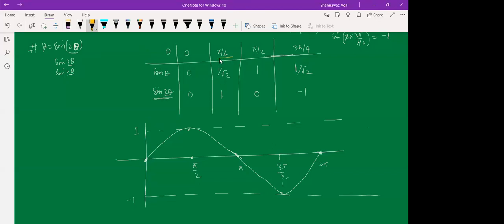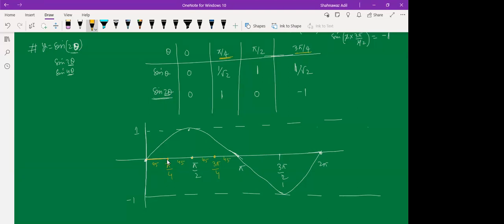These are the multiples: pi by 4, pi by 2, 3 pi by 4, and then pi. So the difference is pi by 4, 45 degrees, 45 degrees, 45 degrees, and 45 degrees. So that is how this function, sine 2 theta, goes.